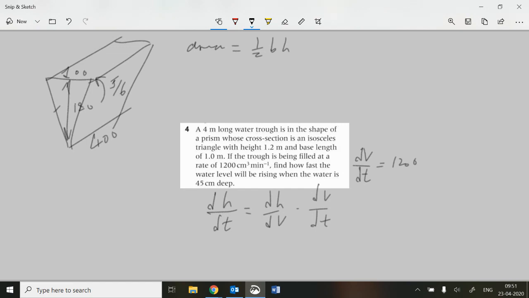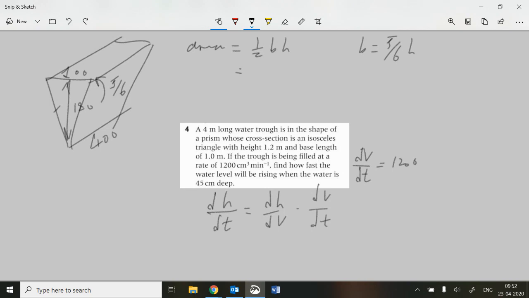In other words, the base is equal to 5/6 of the height. I'm going to replace that in here. I was thinking for a moment, what do I need in my formula? Do I need all H's or all B's?